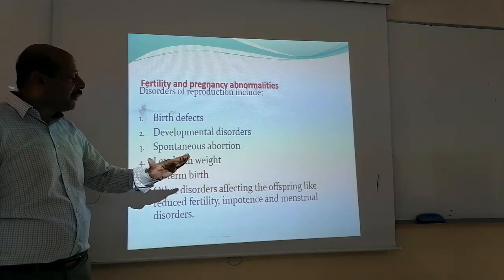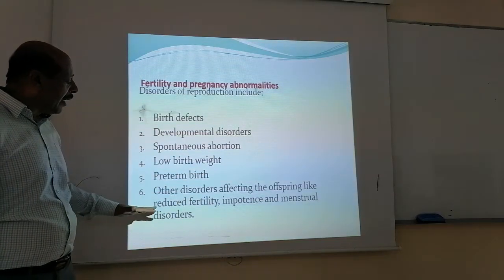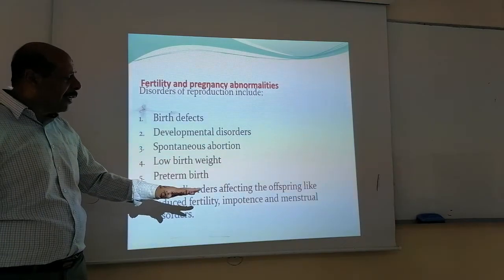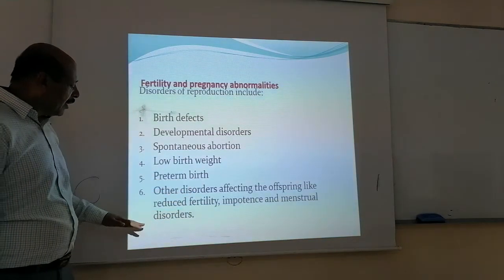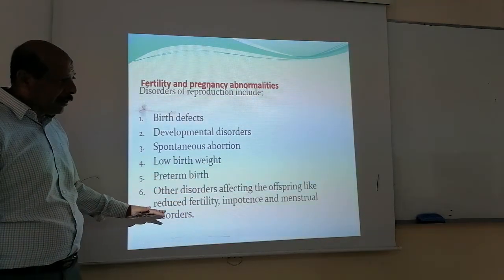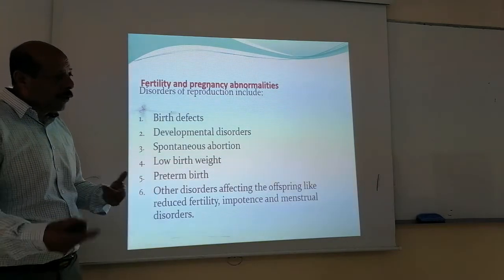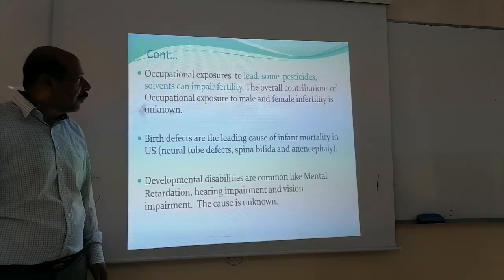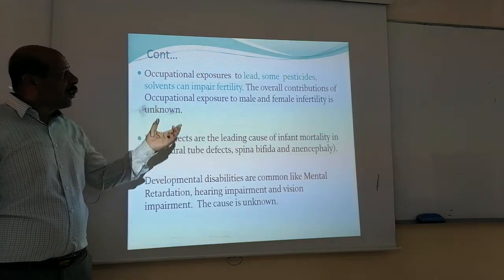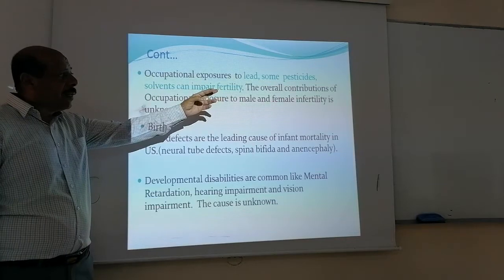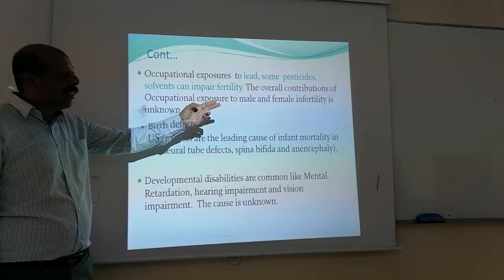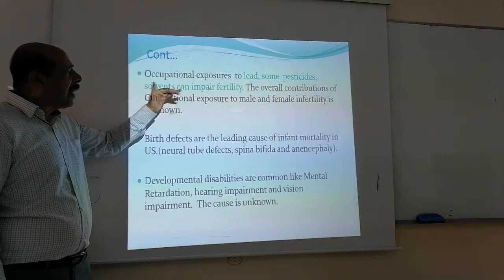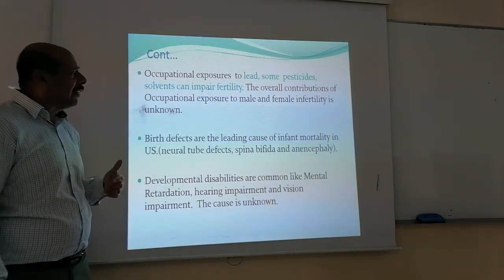Other disorders affecting the offspring include reduction of fertility, impotence, and menstrual disorder, and it might lead to hormonal changes also. Occupational exposure to lead, some pesticides used in agriculture, and solvents can impair fertility.